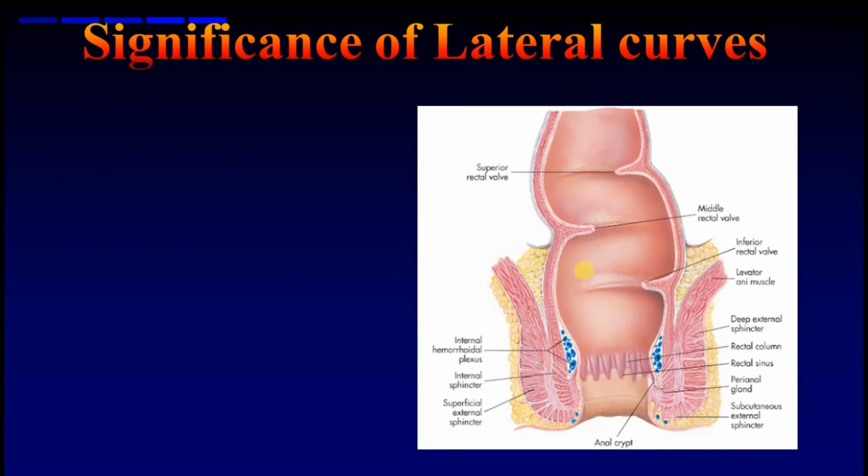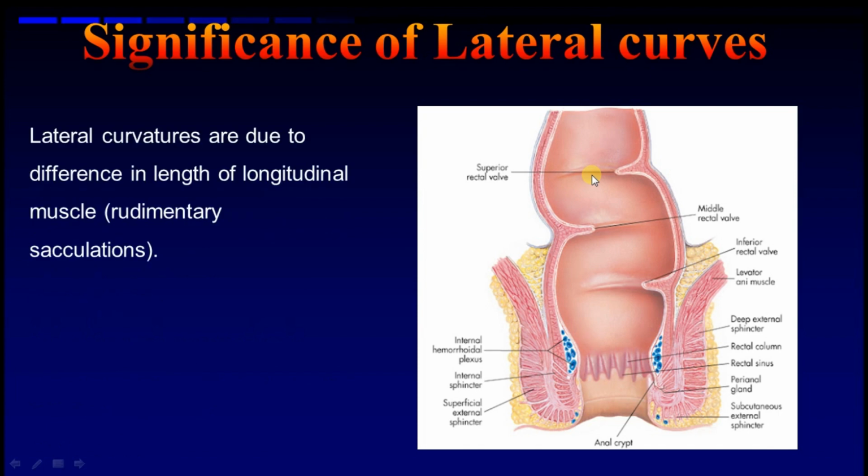Now, what is the significance of the lateral curvatures? More than the antero-posterior curvatures, the lateral curvatures are important, because from the hollow or concavity of the lateral curvatures you can see folds arising like this. They are mucous folds, also called the Houston valves.